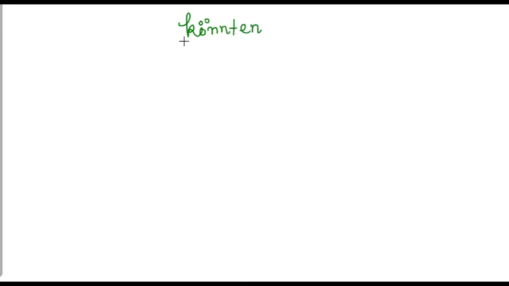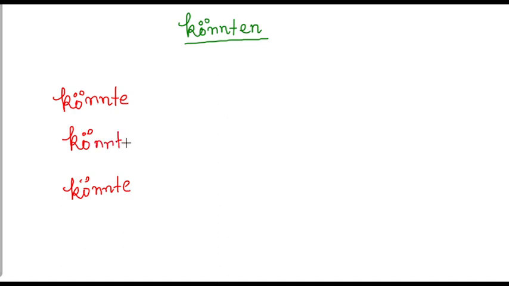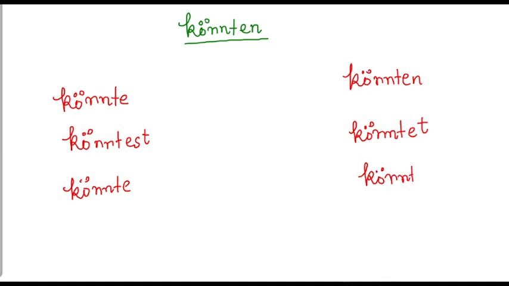Now we are going to deal with this verb. Konjunktiv is the root, which is going to remain the same for first and third person. For second person, it will be Konjunktiv. Is it the same?